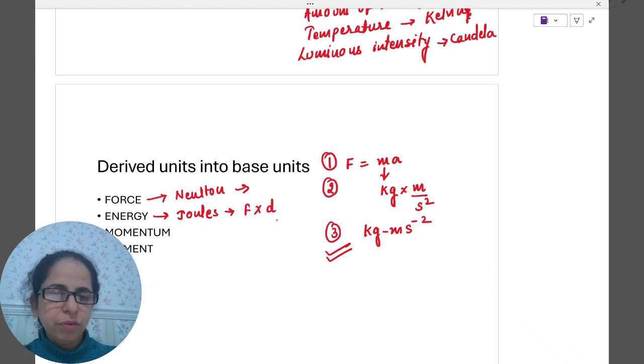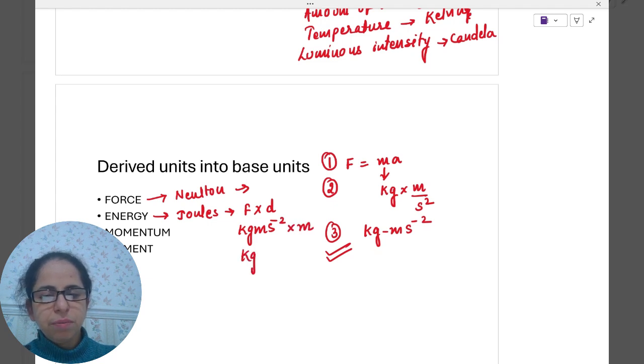Force we already have, which is kg m s to the power minus 2, times distance, which is meters. So kg m squared s to the power minus 2. What we're basically doing is figuring out the basic formula, and then converting the units into the base quantities.